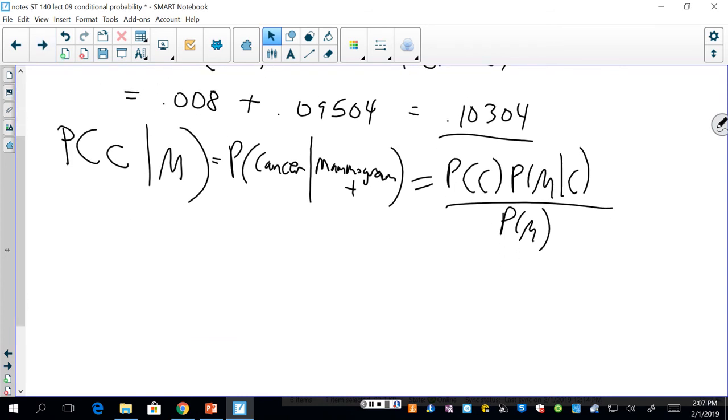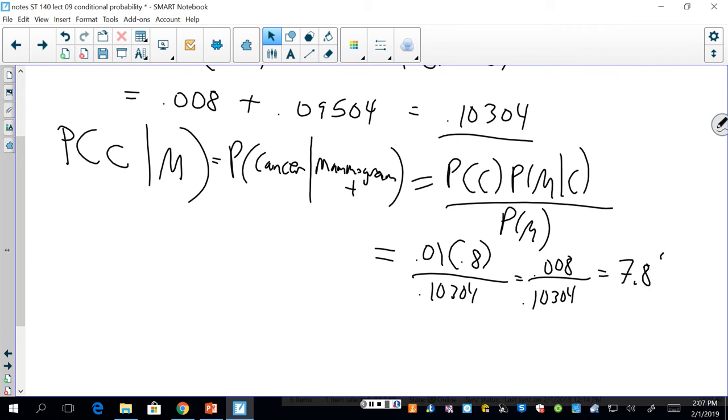So cancer was 1%, this is 80%, this is 0.10304, so it's 0.008 over 0.10304, and that is small, 7.8%, 0.078. So even though the mammogram is positive, it's only giving an 8% chance that it's actually cancer.